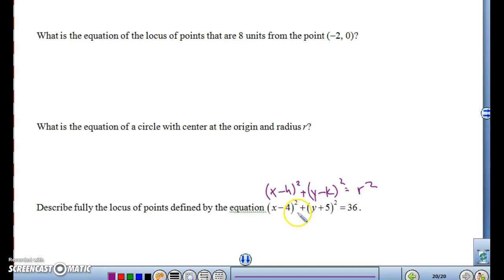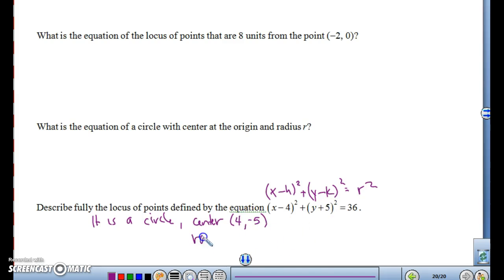It looks like this formula. It is. So we know this is a circle. And when you define a circle, you define it by its center and its radius. The center of the circle is h, k. Now watch your signs here. The center is at, well, x minus 4 means the opposite sign, so it's just going to be 4. y plus 5 means it's the opposite sign. It's going to be -5.